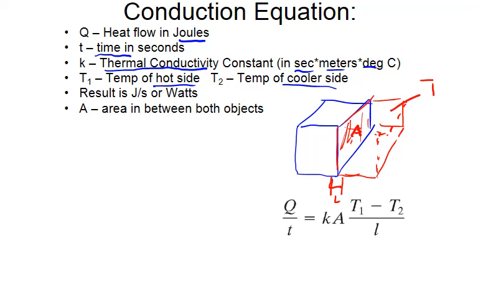This hot room is going to have a certain temperature, if this was T1, and then this is cooler temperature T2. This wall has a certain conductivity, K, so a certain insulation.